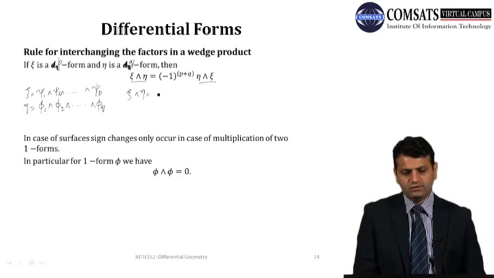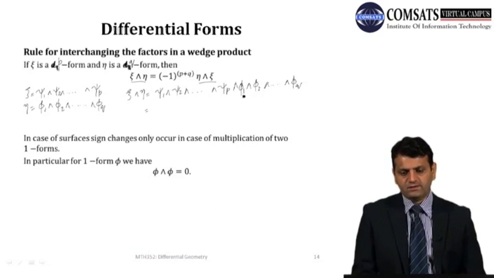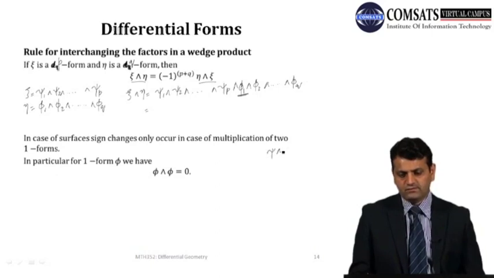Now what is xi wedge eta? This is equal to psi 1, psi 2, up to psi p, wedge phi 1, phi 2, up to phi q. Now we are using the property that xi wedge phi is equal to minus phi wedge xi.